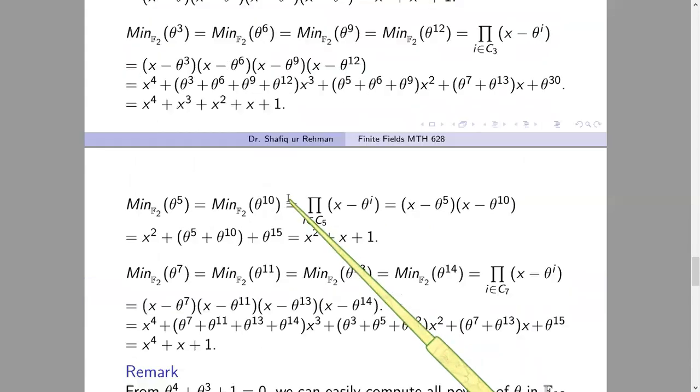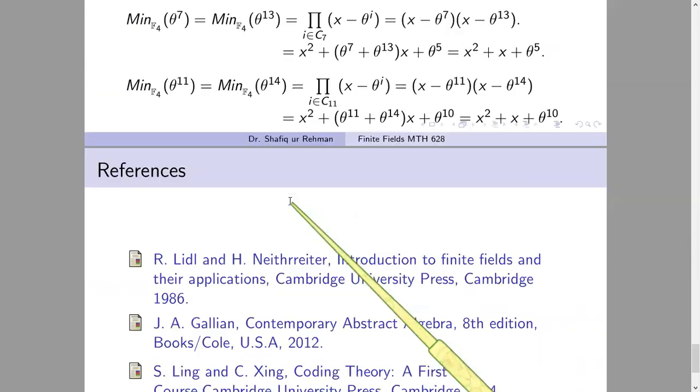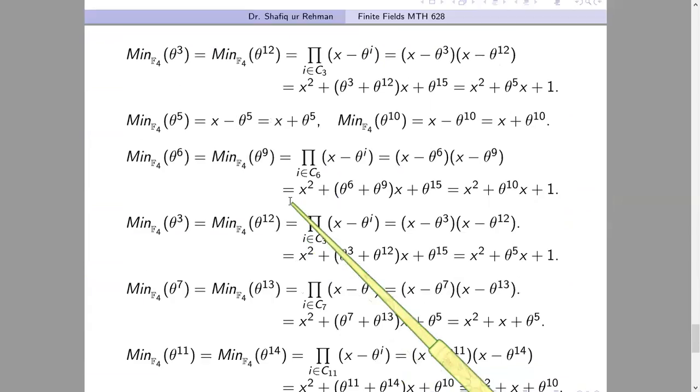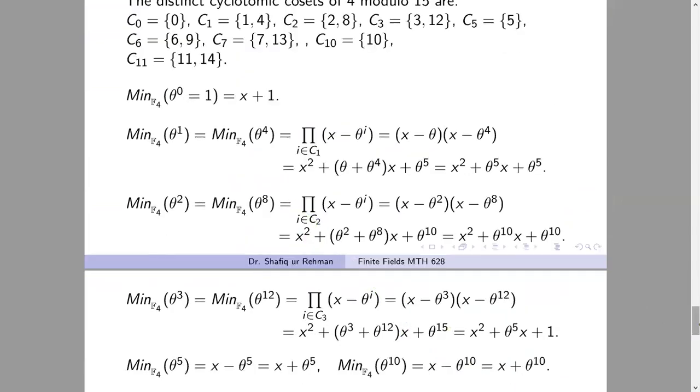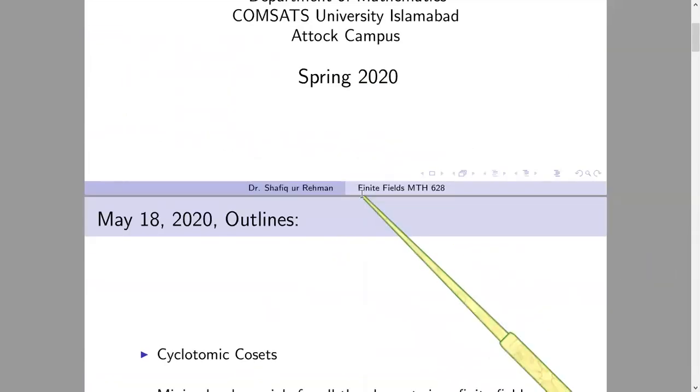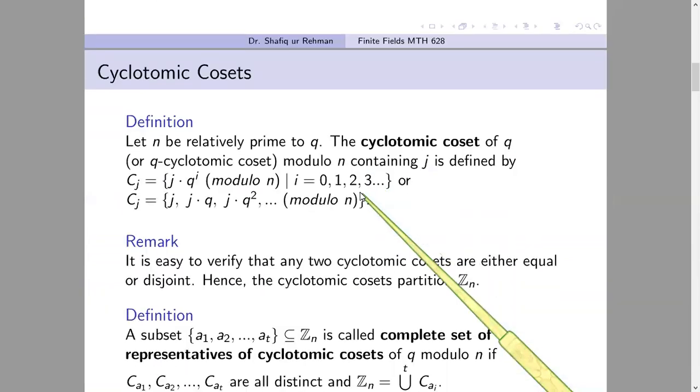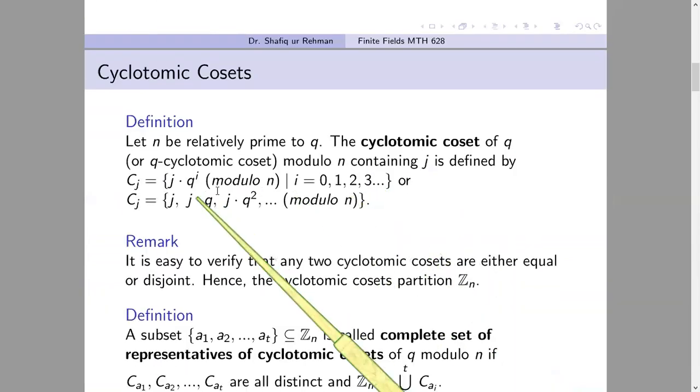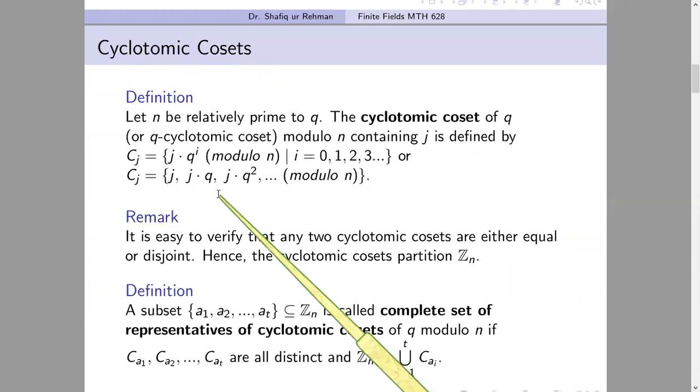And also, we close here, and again see, in this lesson our focus is to find the minimal polynomial by using cyclotomic cosets. In the previous lesson we only touched the cyclotomic cosets.